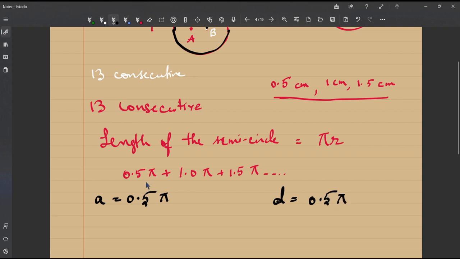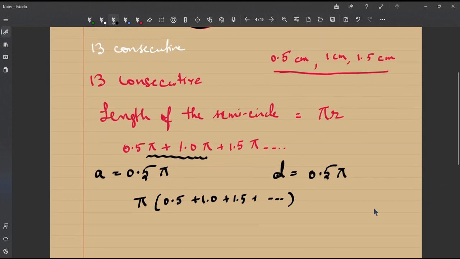But I would do it this way. Of course, you can do it anyway, but since pi is common to all the 13 terms, I feel that pi can be factored out, isn't it? And still the arithmetic progression remains. This time the first term would be just 0.5. There wouldn't be any pi involved, and the common difference would also be 0.5, right?